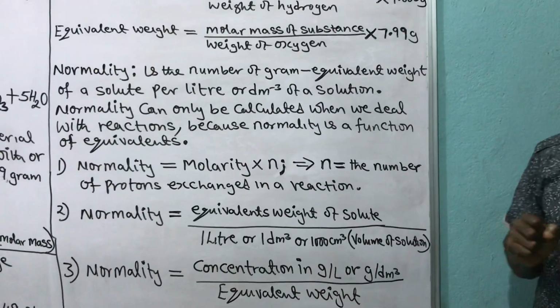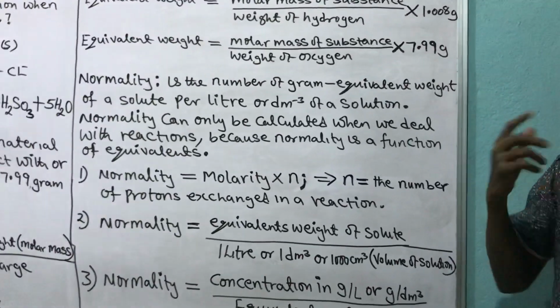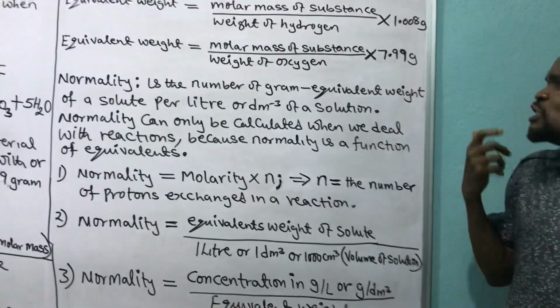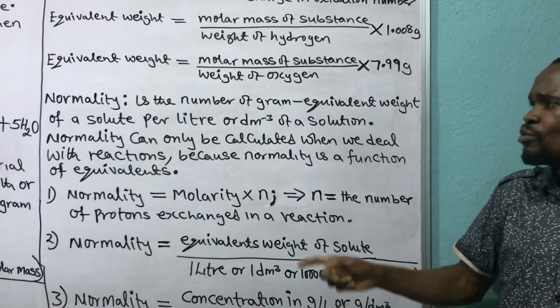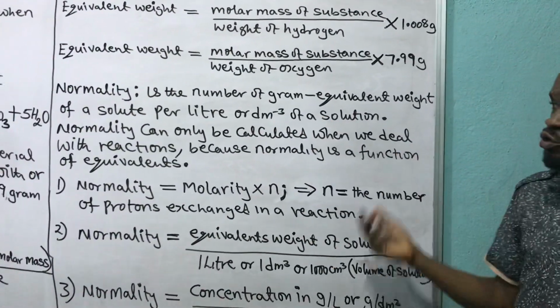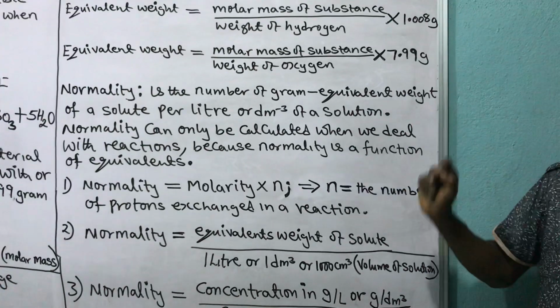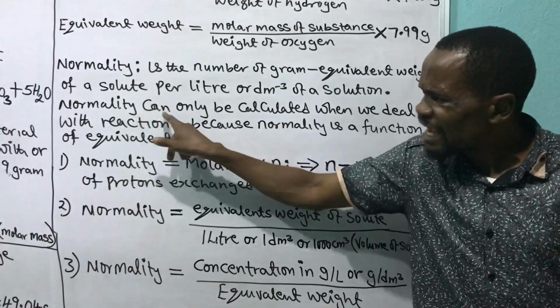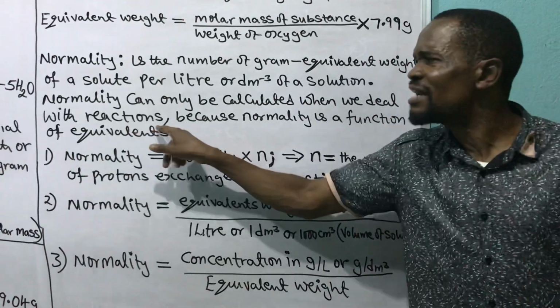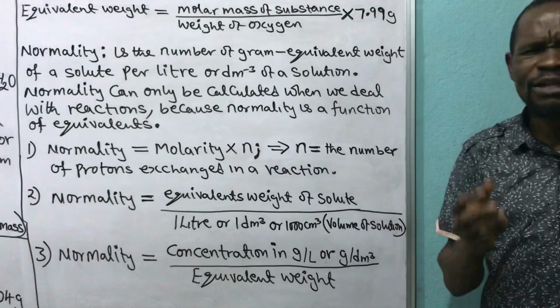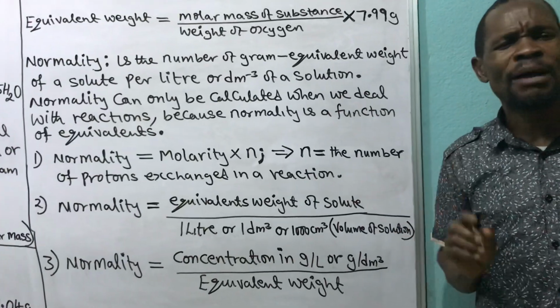That's the definition of normality: the number of equivalent weights of a solute per liter or per dm cube of a solution. Full stop. We said normality can only be calculated when we deal with a reaction. So we cannot talk about normality without talking about reaction.